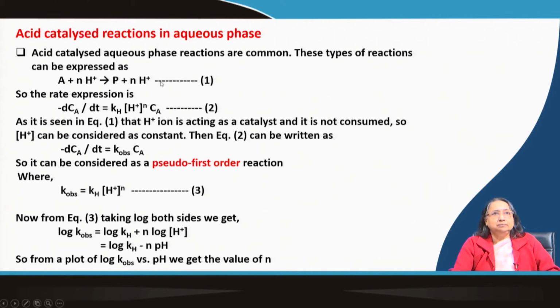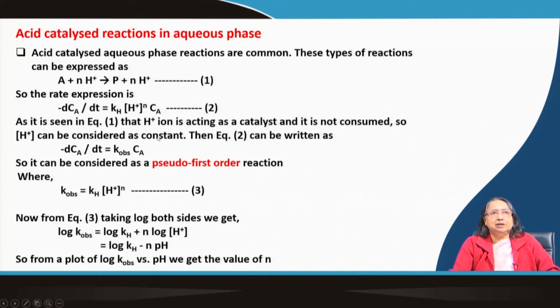So, here you see A is giving P. When A is giving P, it is catalyzed by hydrogen ion, that is acid, but the acid H+ is staying back as the same H+. Now, if you think about the rate expression, -dCA/dt is Kh, this is the rate constant, [H+]^n and CA, but this is the catalyst. As seen in equation 1, the H+ ion is acting as a catalyst and is not consumed.